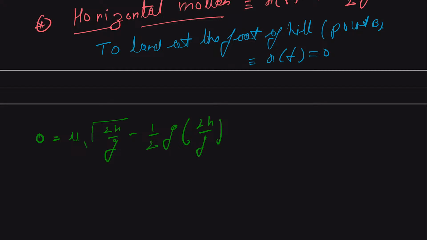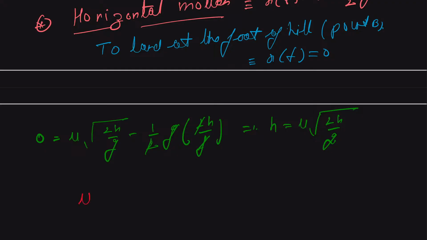This g and g cancels out, 2 and 2 cancel out, so we get our h is equal to u square root of 2h upon g. And so we can find out our value of u.